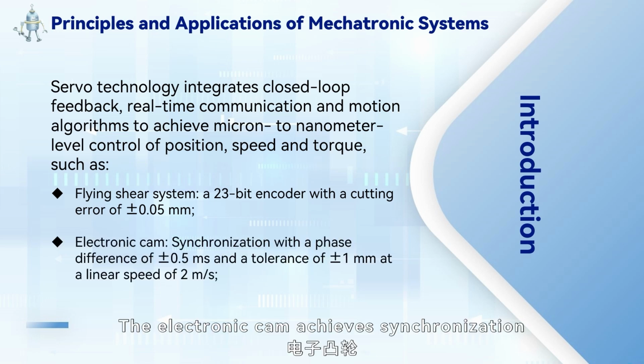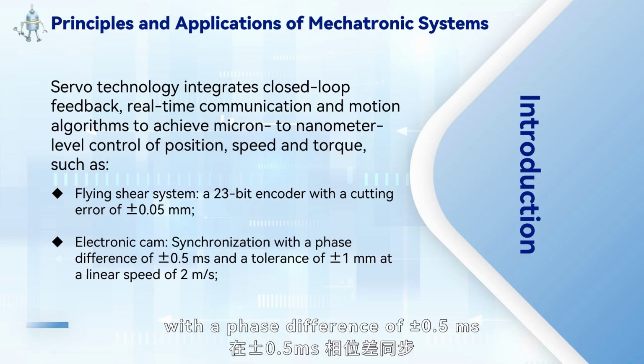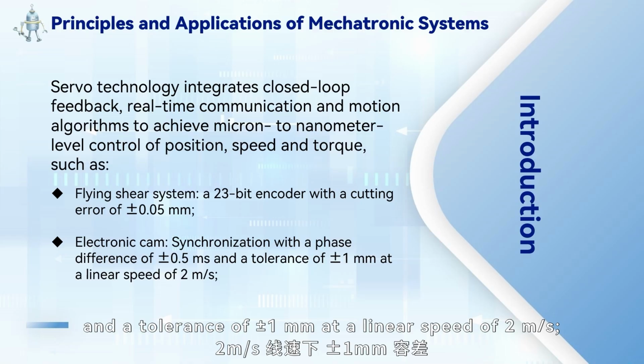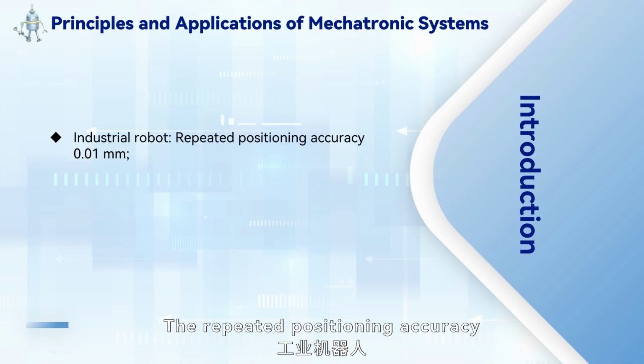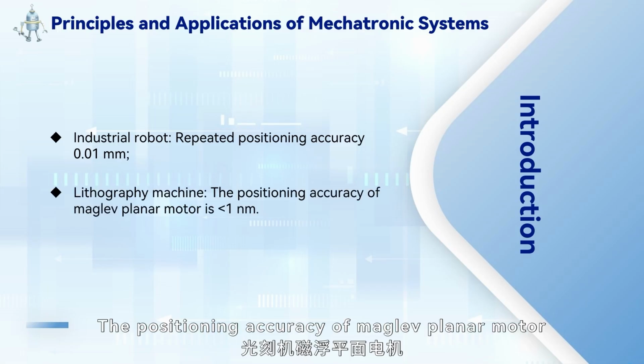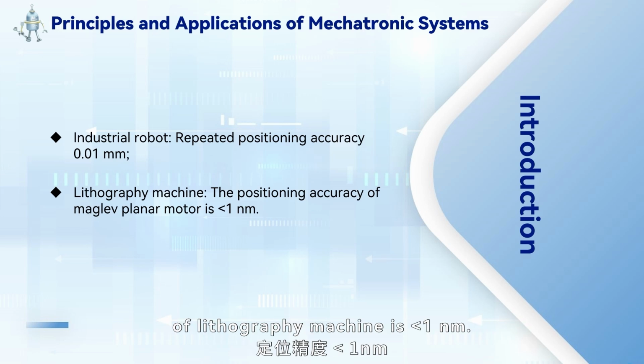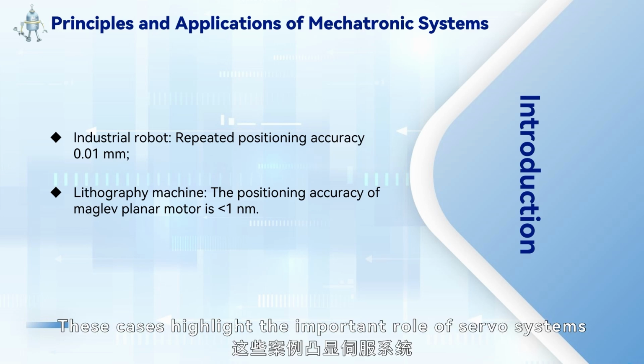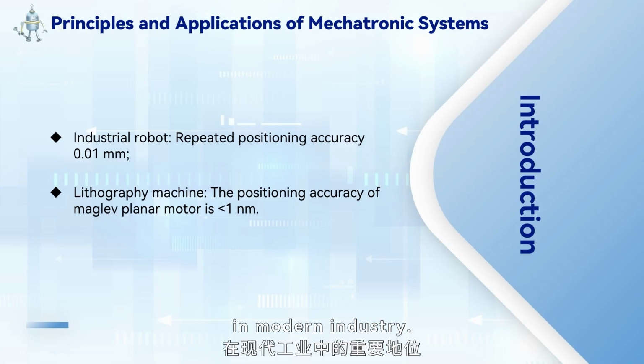The electronic cam achieves synchronization with a phase difference of plus or minus 0.5 milliseconds and a tolerance of plus or minus 1 millimeter at a linear speed of 2 meters per second. The repeated positioning accuracy of an industrial robot is 0.01 millimeters. The positioning accuracy of the maglev planar motor of a lithography machine is less than 1 nanometer. These cases highlight the important role of servo systems in modern industry.